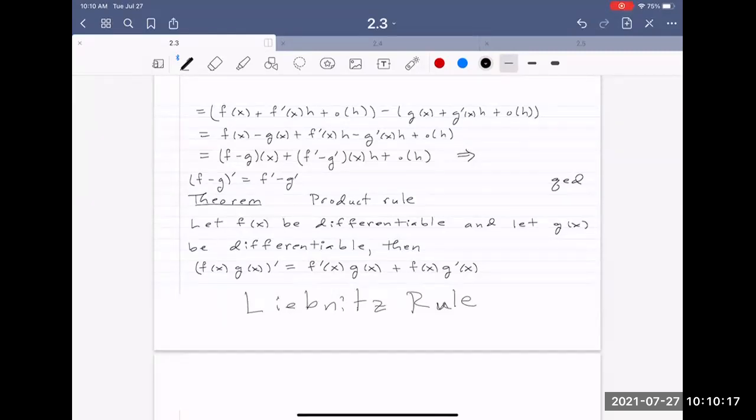Newton derived calculus probably 30 years before Leibniz did, but Leibniz published. So Newton did not publish his results for like 40, 50 years after he actually derived calculus.